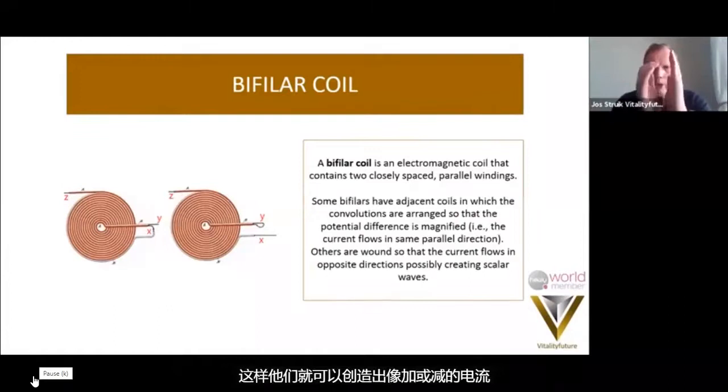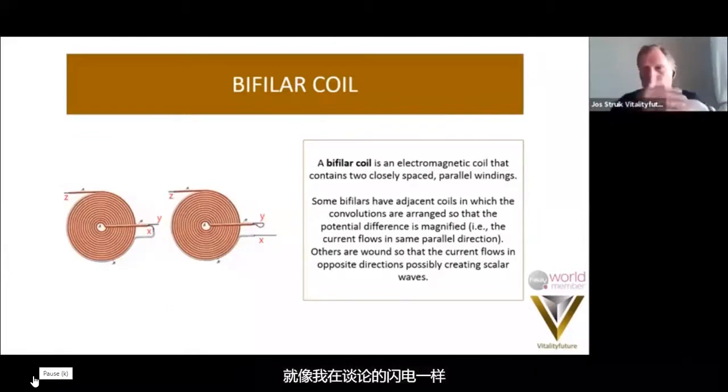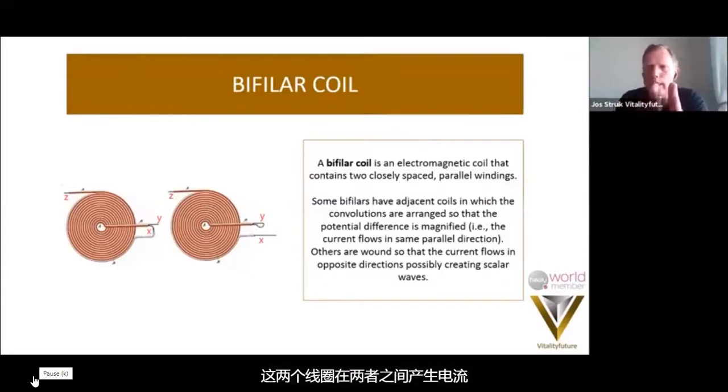It's like plus and minus. It's a difference, like the lightning I was talking about. So these two coils create a current in between. And then you have two ways of creating a current. One is if they are different, then they magnify the current.